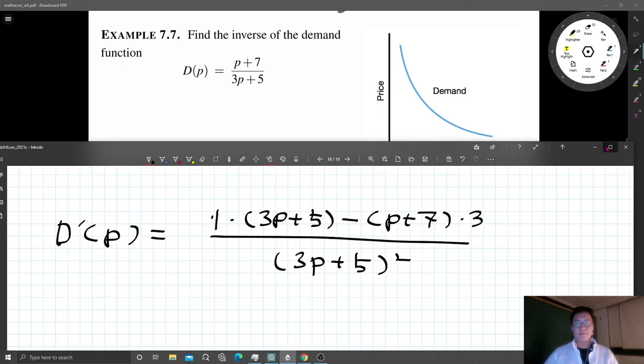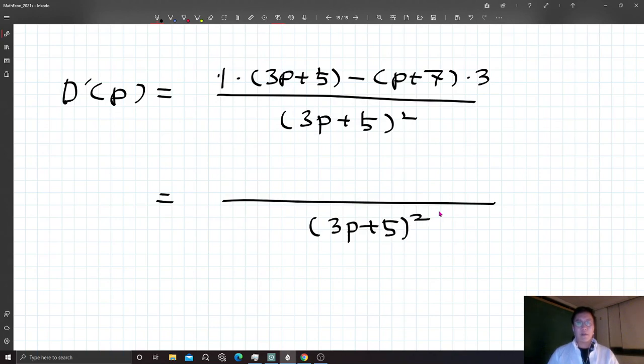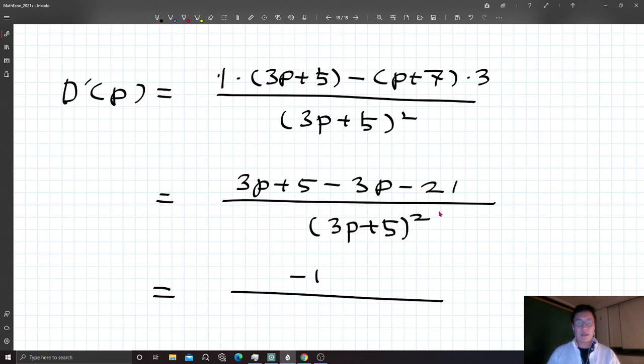Okay. Now we can simplify the numerator. 3p plus 5, and distributing 3, minus 3p minus 21. So we have negative 16 on the top, and 3p plus 5 squared on the bottom.